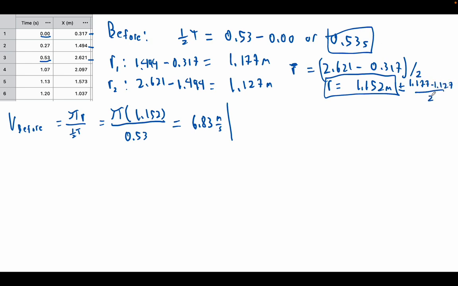Let's figure that out, right? So 1.177 minus 1.127 divided by 2. Not too bad, 2.5 centimeters, right? So I'm getting that it's plus or minus 0.025 meters, okay? Did I do that right? Yeah, it looks like I did.